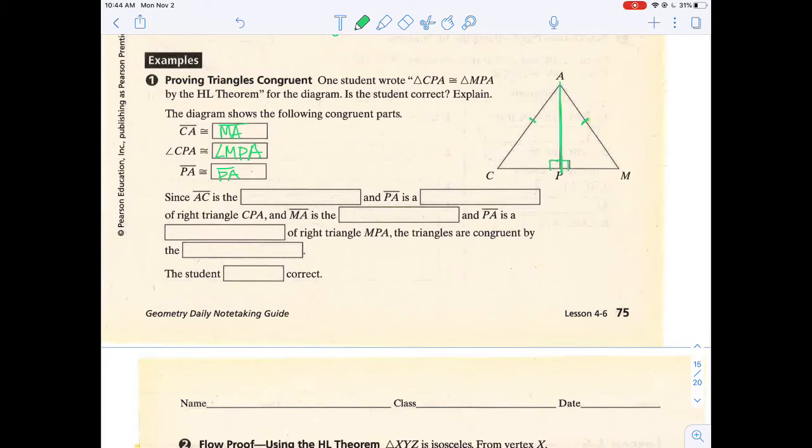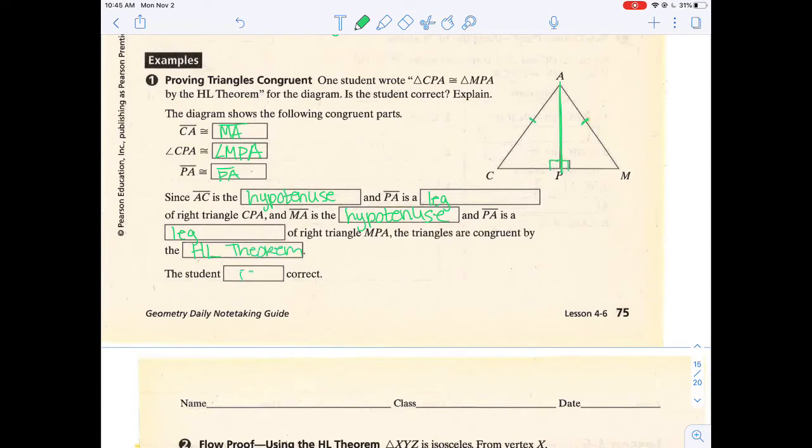So then, since AC is the hypotenuse and PA is a leg of right triangle CPA, and MA is the hypotenuse, and PA is a leg of right triangle MPA, the triangles are congruent by the hypotenuse leg theorem.